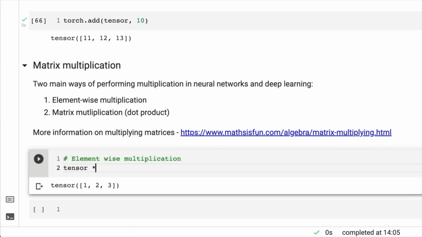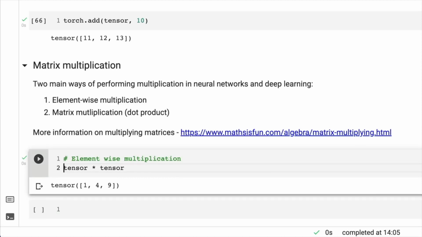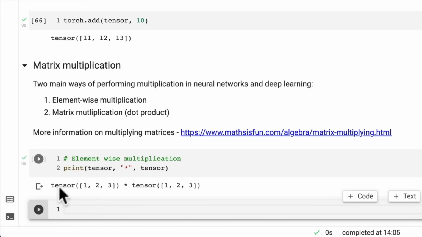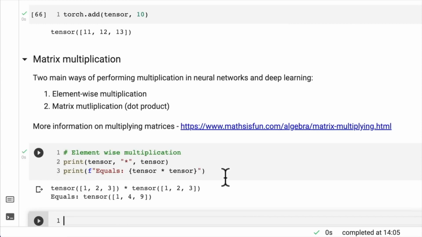It's 1, 2, 3, and then if we multiply that by itself, we get 1, 4, 9. But let's print something out so it looks a bit prettier than that. So print, and I'm going to turn this into a string, and then we do that. So if we print tensor times tensor, element-wise multiplication is going to give us print equals, and then let's do in here tensor times tensor. We go like that. Wonderful.